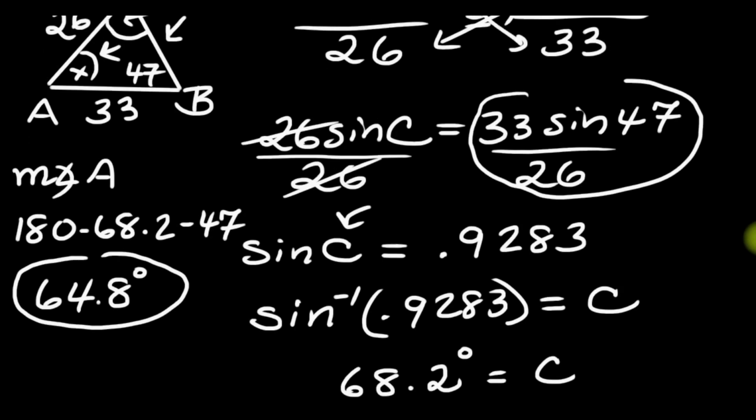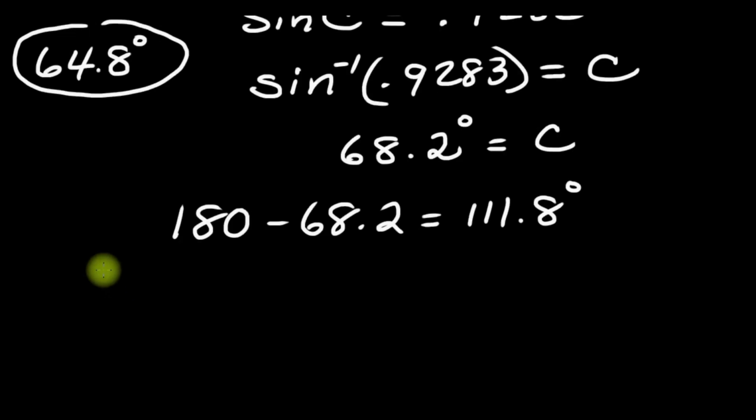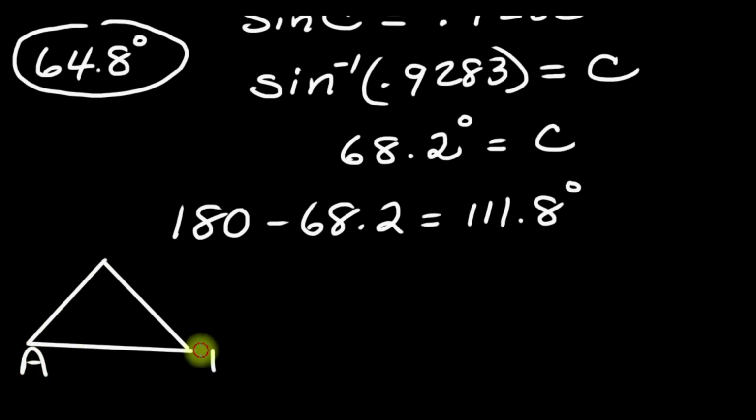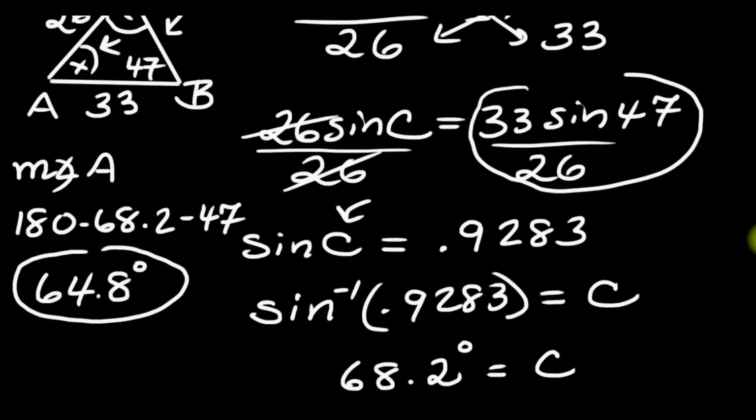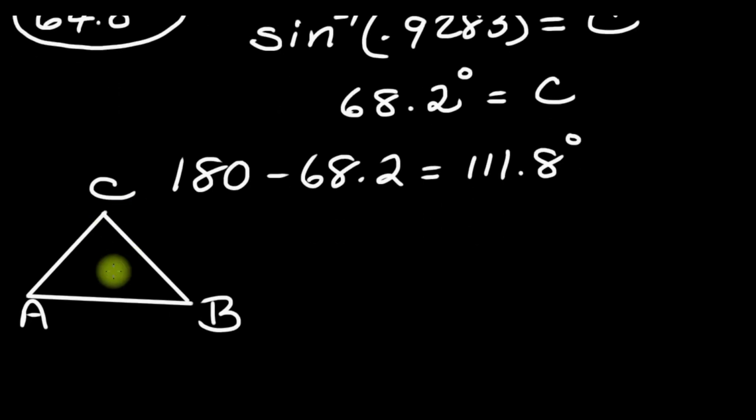Okay, so if you go back to the original triangle, let's take a look at this triangle again. Okay, so triangle ABC. Angle B is given to be 47 degrees. So this angle right here is 47 degrees.